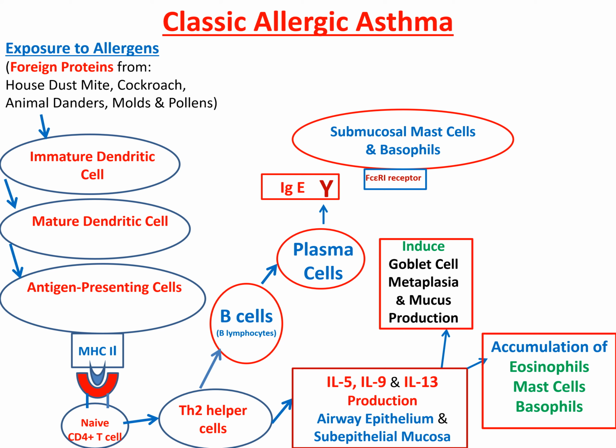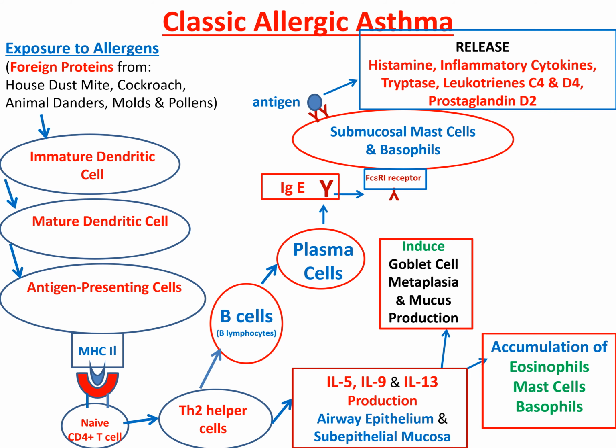This receptor, I'm going to explain in a little bit more detail in the coming slides. So now the immunoglobulin E will be binding to these receptors. So now whenever we have an antigen binding to the immunoglobulin E, it is going to activate these submucosal mast cells and will be releasing different types of substances like histamine, cytokines, tryptase, leukotrienes C4 and D4, and prostaglandin D2.